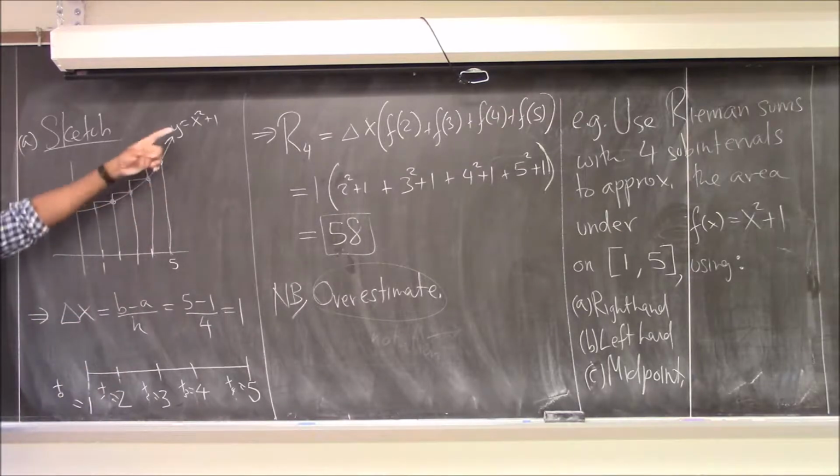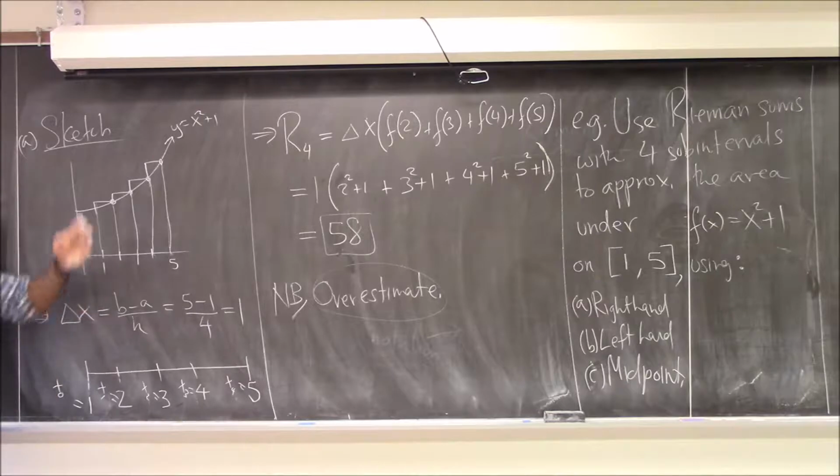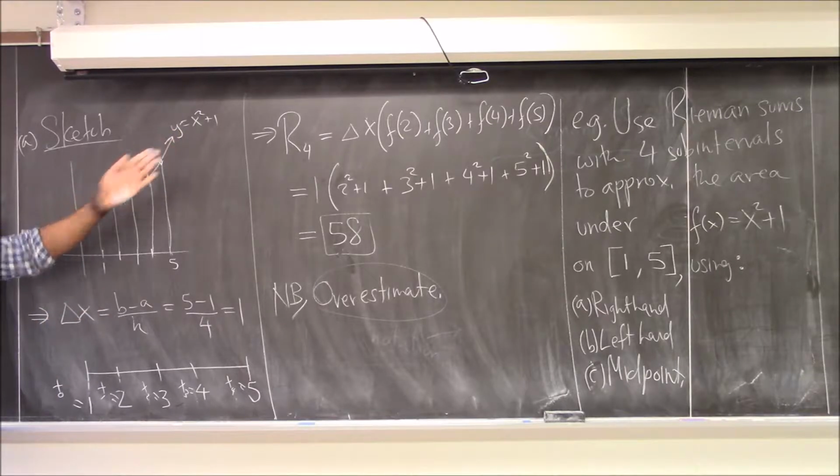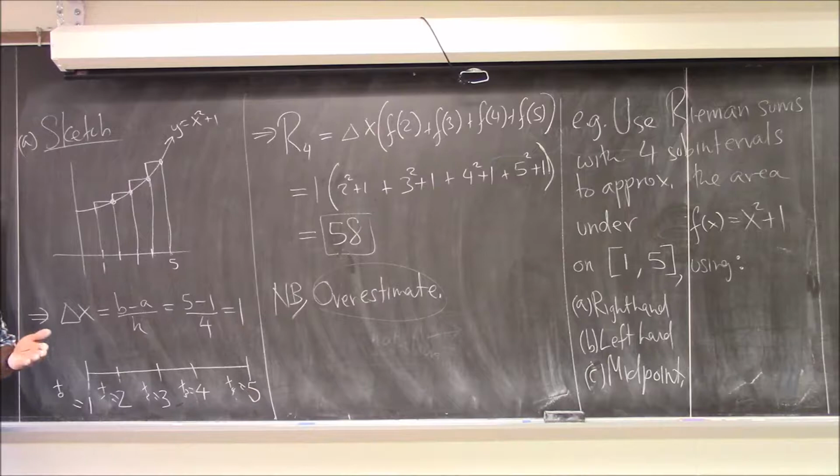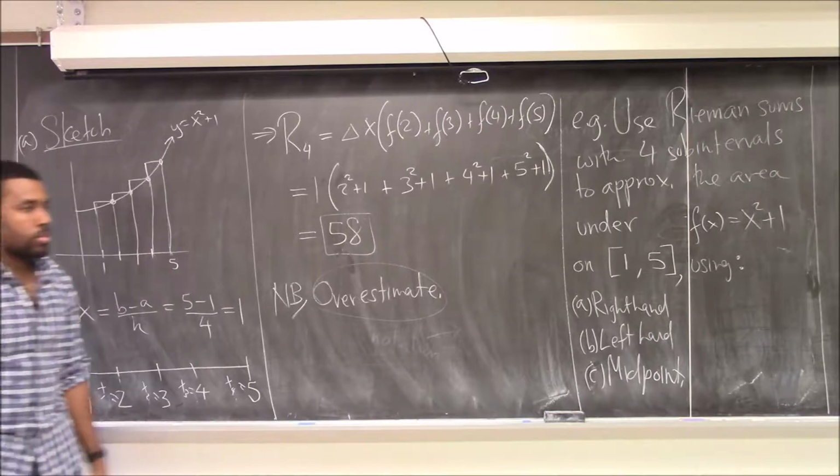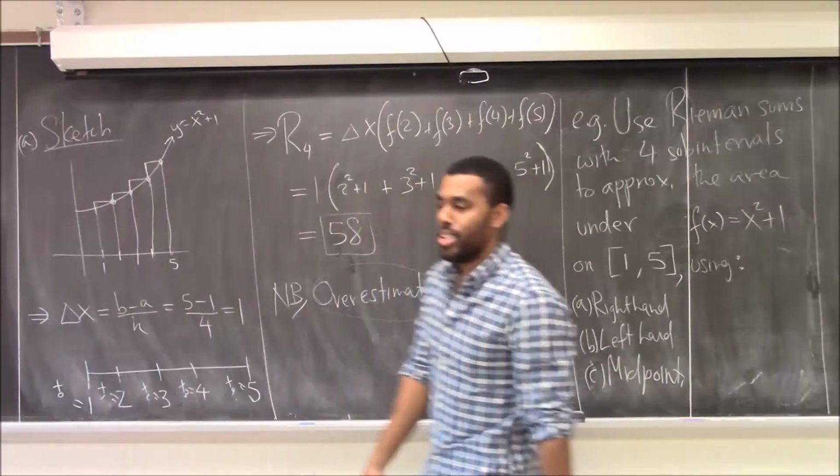If I'm estimating the graph under x squared plus 1, sure I'll be off by a little bit, but if I do something like e to the x squared plus 1, that's exponential. The y value jumps a lot higher for each successive x value. So that guy's approximation would be off by more, and I would need more rectangles to get a better approximation. But there's no real way to tell in general how close you are, unless you actually find the exact area.